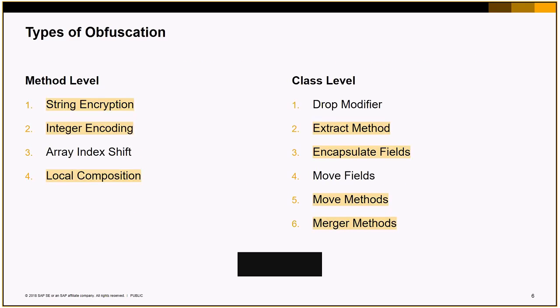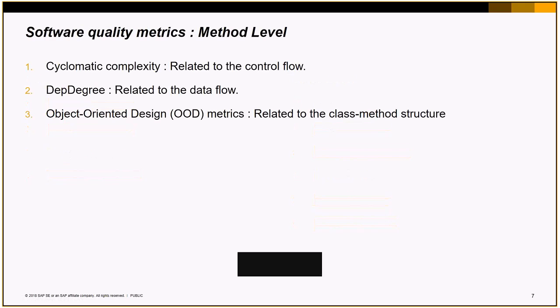These are the types of obfuscation in general, and the highlighted ones are covered in the study. These are the quality metrics, and in this research, the quality metrics are defined at method level and class level.